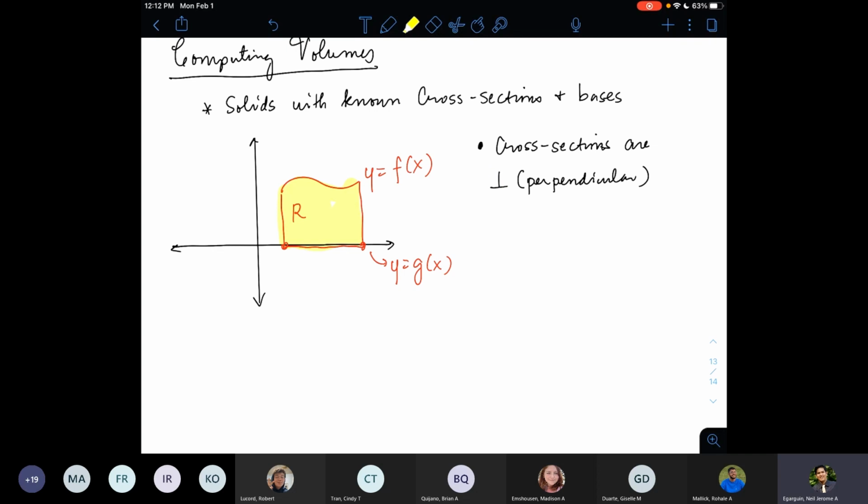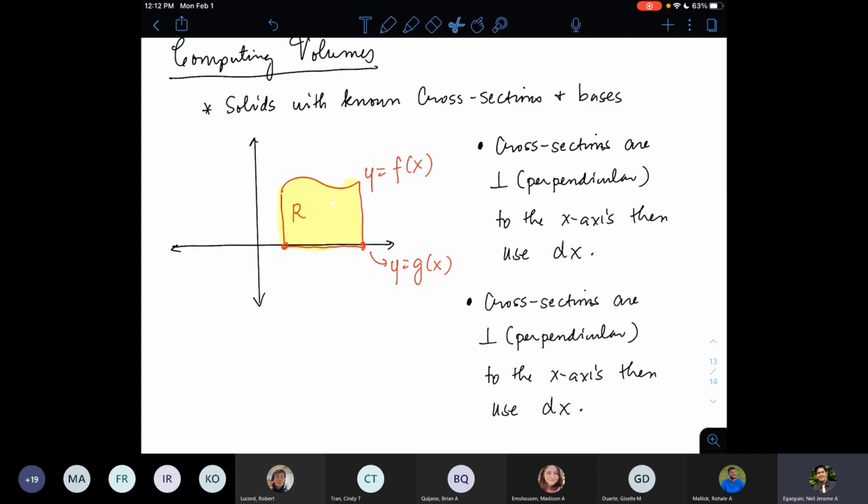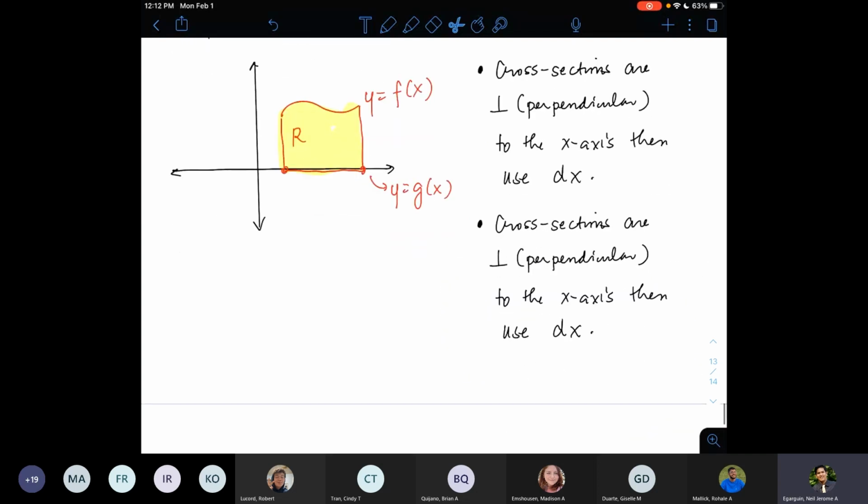So if the cross sections are perpendicular to the x-axis, then you will use dx, okay? On the other hand, if the cross sections are perpendicular to the y-axis, then the variable of integration would be y. That will always be the case, okay?